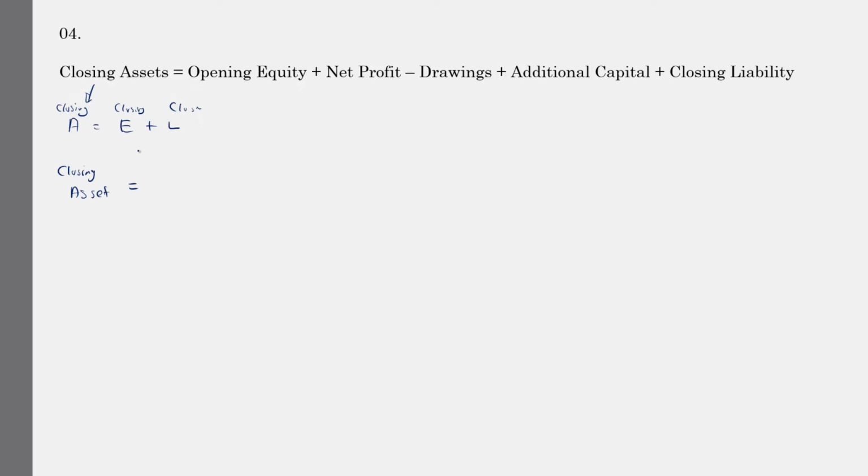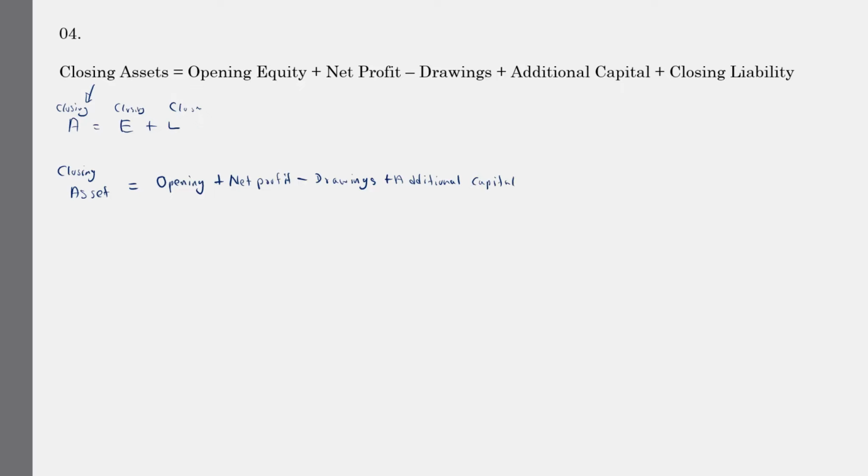There is another way. Actually we learned that method in sole trader accounts. For the opening equity, you have to add the net profit because profits will increase the equity, and you have to deduct the drawings, meaning your goods drawings and cash drawings, and whatever additional capital is pumped in by the owners, you have to add it.